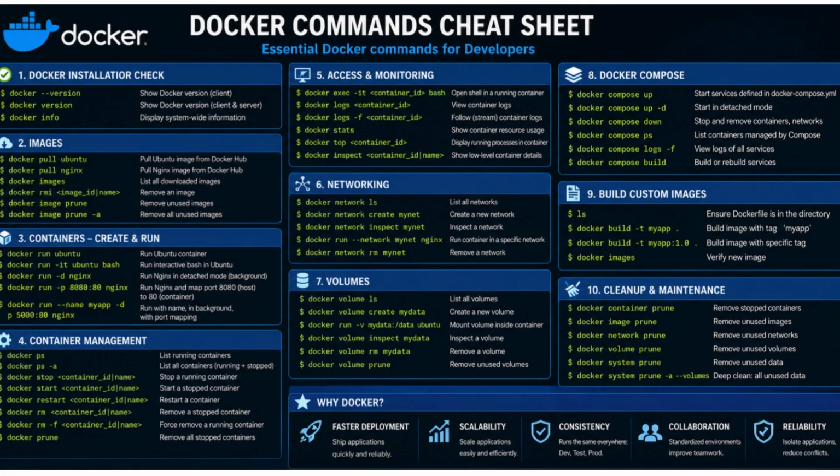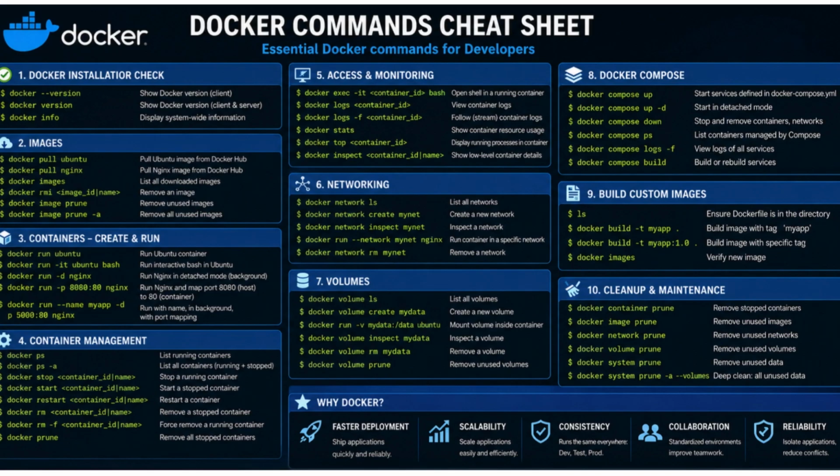For example, docker exec -it container_id bash opens a shell inside a running container, while docker logs and docker stats help monitor activity and performance. Docker Compose is another important tool that simplifies multi-container application management through commands like docker compose up and docker compose down.